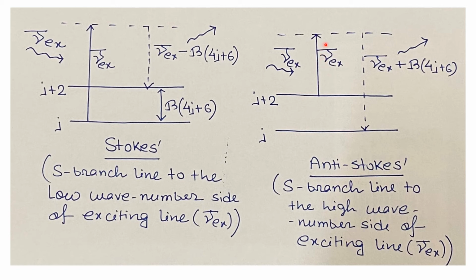Now, after releasing the energy, the molecules will come back to the ground state, that is the lower energy level having rotational quantum number J. So the emitted radiation or the emitted photon has the energy nu Ex bar plus B times 4J plus 6. So it is clear the emitted radiation has higher energy than the incident photon energy. So for the case of anti-Stokes line, the S branch line is to the high wave number side of the exciting line.